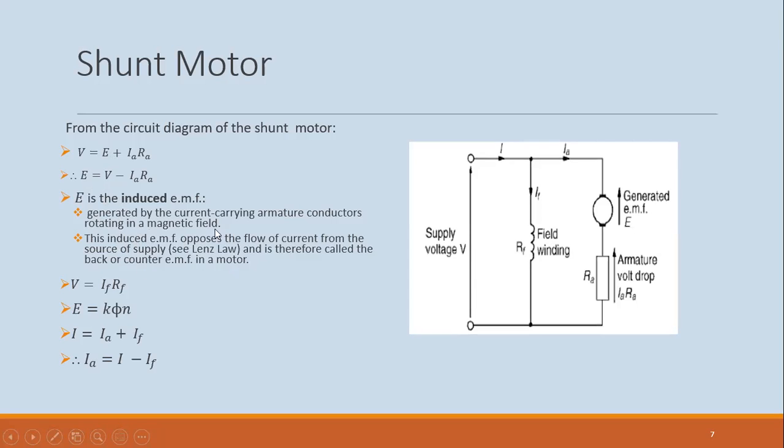These two sentences are basically saying what I said a while ago. V is equal to IF times RF. E is equal to K phi n. I remember K was a constant that had to do with some of the machine parameters. Phi and n were variable, but K was constant for the machine, like the number of conductors, number of parallel paths, that kind of thing.